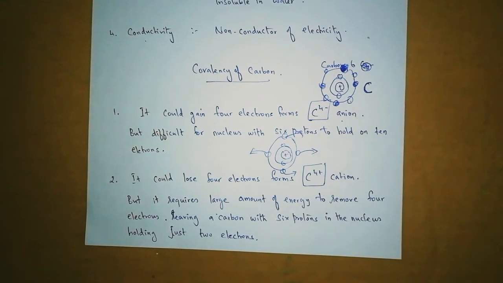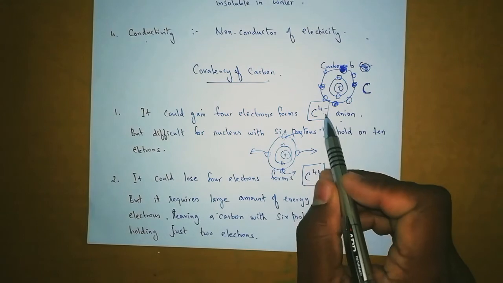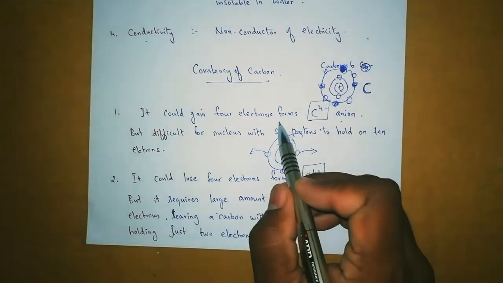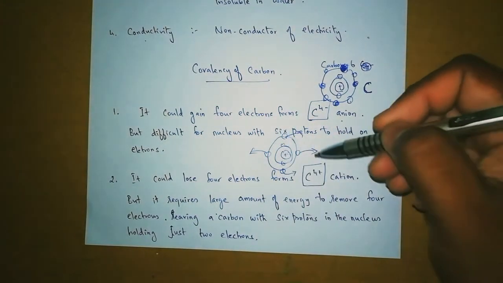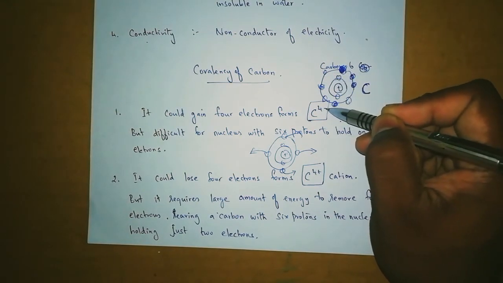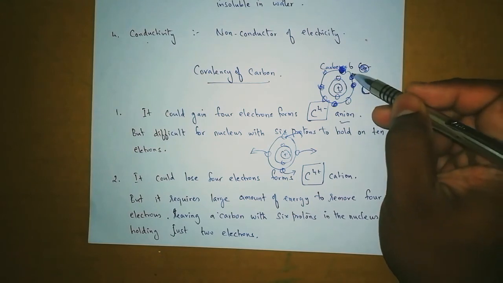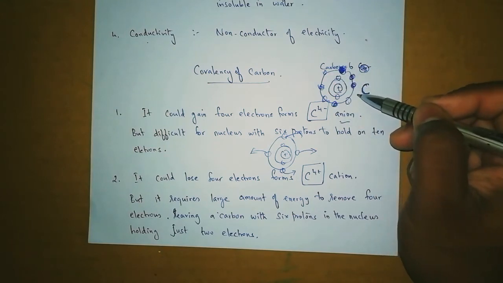But these two things never happen. Why? It could gain 4 electrons and form a C4 minus anion. That means if it gains 4 electrons, it becomes a C4 minus anion, which has 10 electrons.